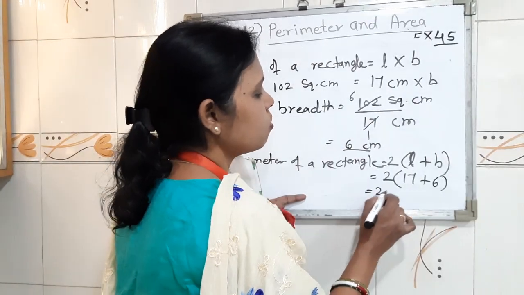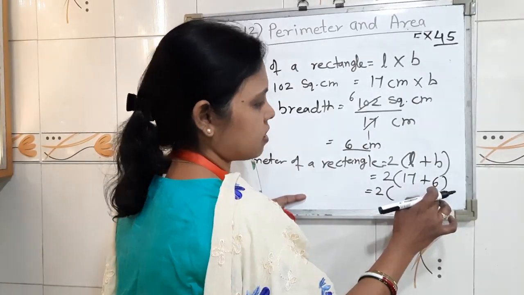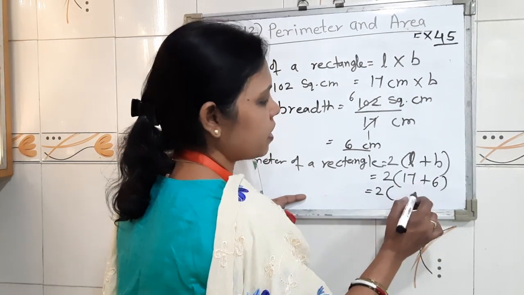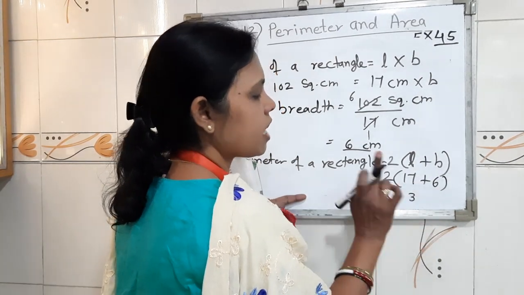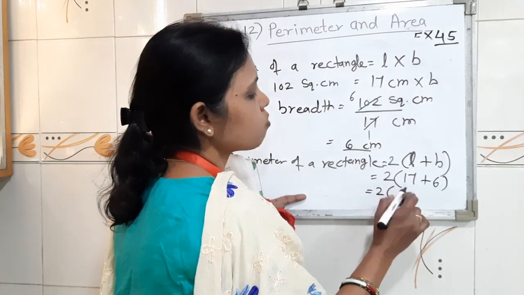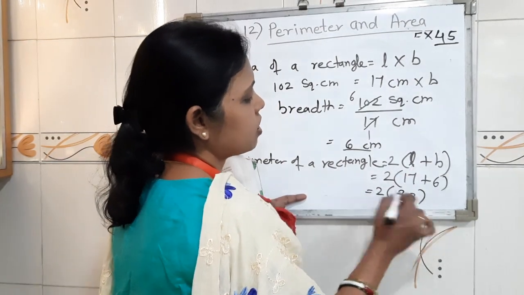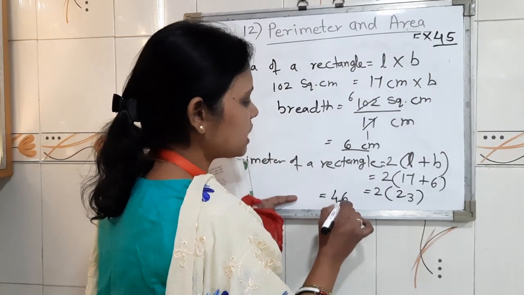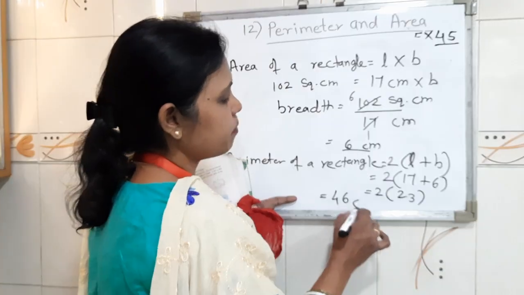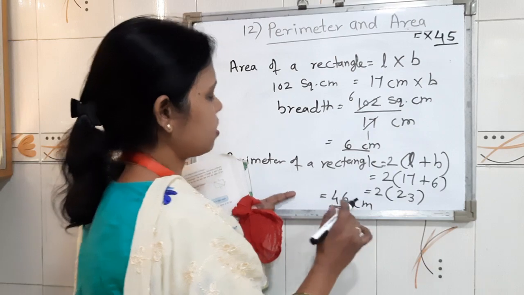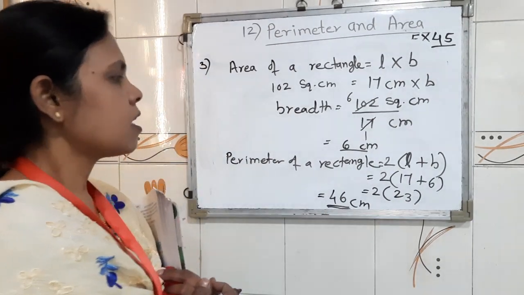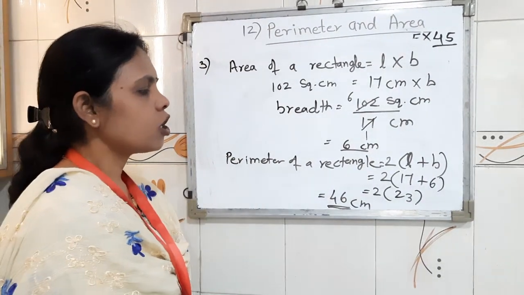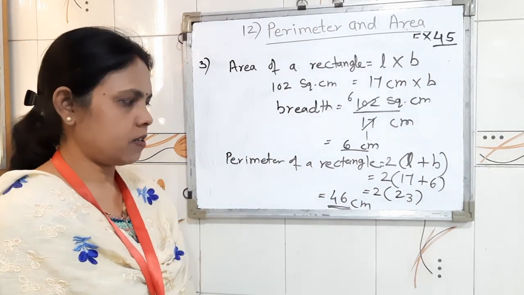So 2 times 17 plus 6. 6 plus 7 is 13, 3 and carry 1, 1 plus 1 is 2, 23. So children, here 2 into 23 is 46 centimeter. So our answer, perimeter of a rectangle equal to 46 centimeter.